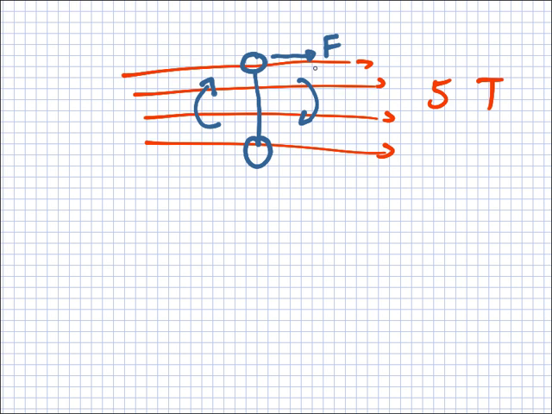Okay. Now, first question. Because it's moving, you get a current. But if you use your right-hand rule here, this is the force, this is the magnetic field, and this is the current. Small problem though.